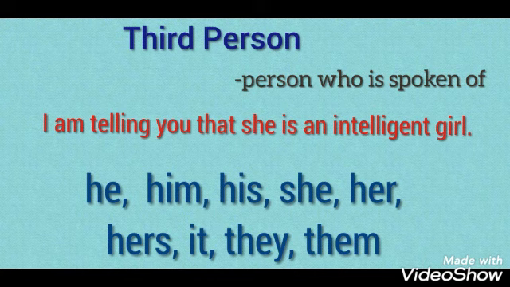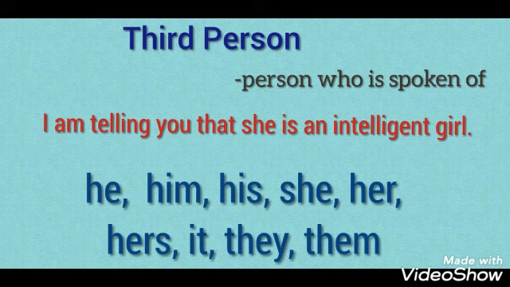I am telling you that she is an intelligent girl. Here I is the person who is speaking. So I is a personal pronoun and it is in first person.